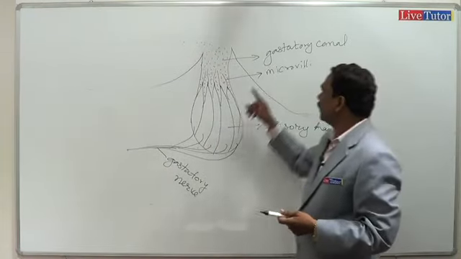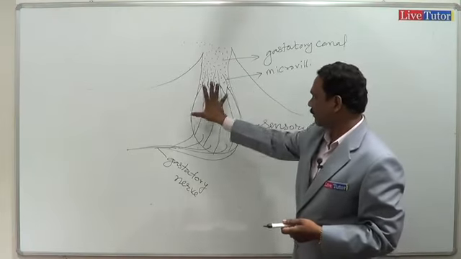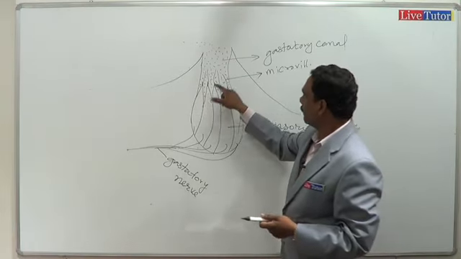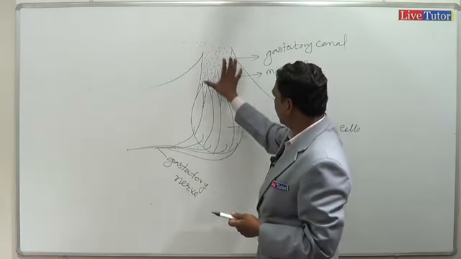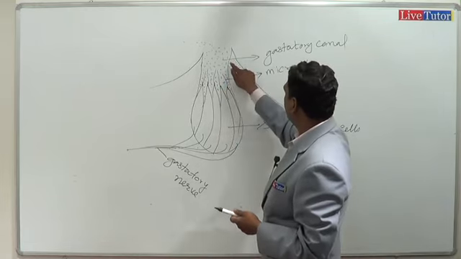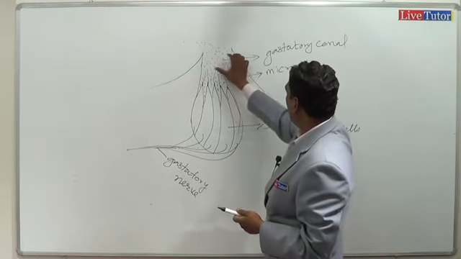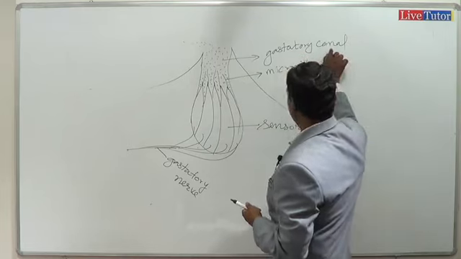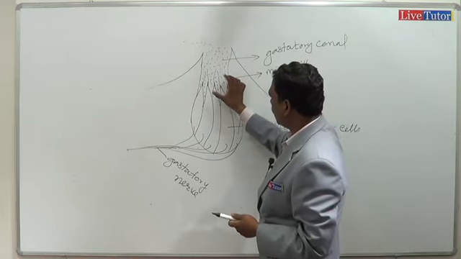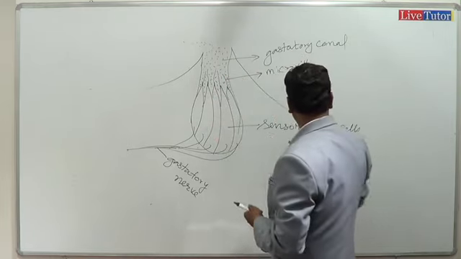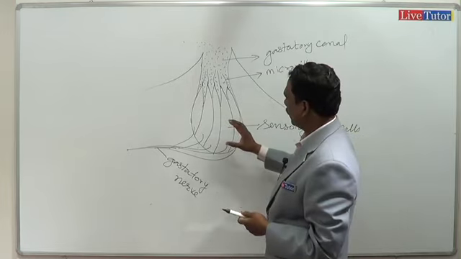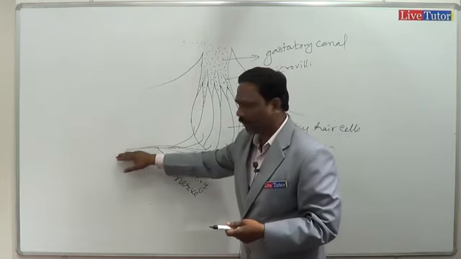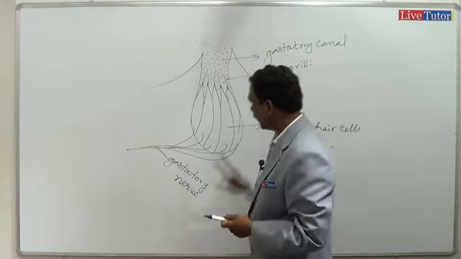So see here, what is this taste bud? Taste bud consists of what? A flask-shaped structure, open to the exterior through one small pore called the gustatory canal, and it consists of a number of sensory hair cells. Then connected with what? The gustatory nerve.